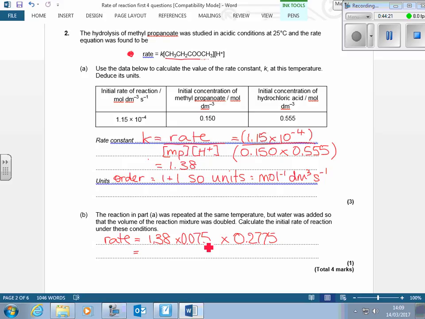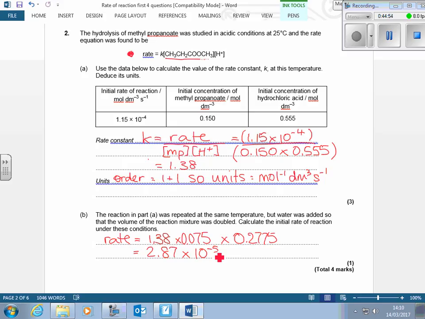And to be honest, for the answer, sorry, for the rate constant we're using, which is the 1.38, it should be coming out at 2.87 times 10 to the minus 5, hopefully.